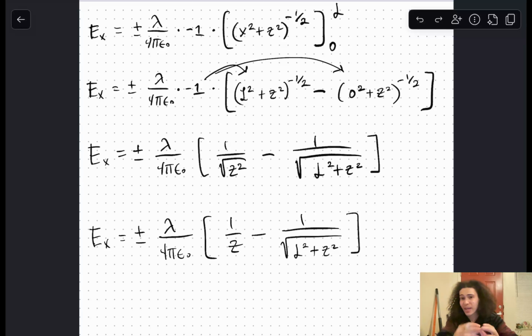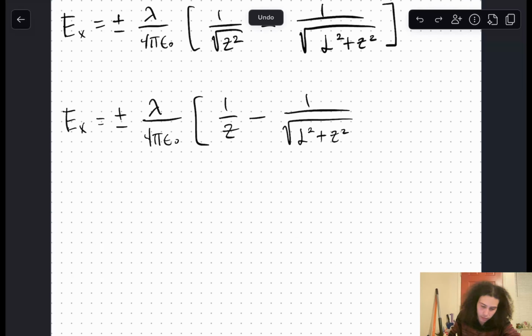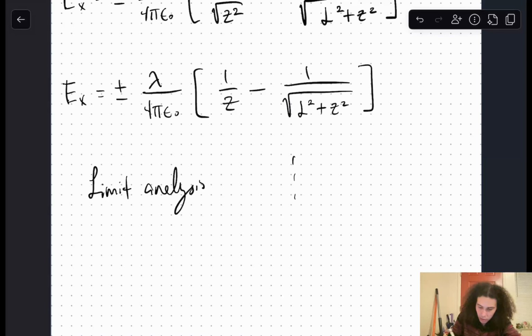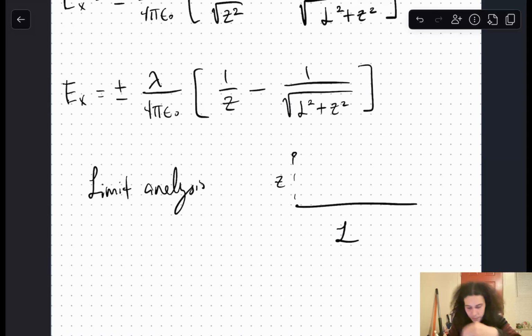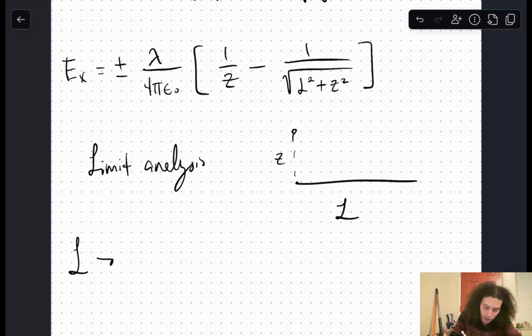Now we have to do some limit analysis on it, just to make sure it's correct, I guess you could say. So again, we draw our little setup here, L, Z. Now suppose that L goes to 0.